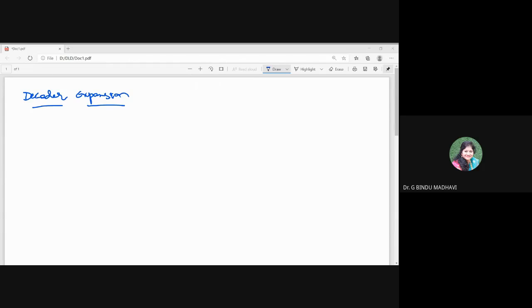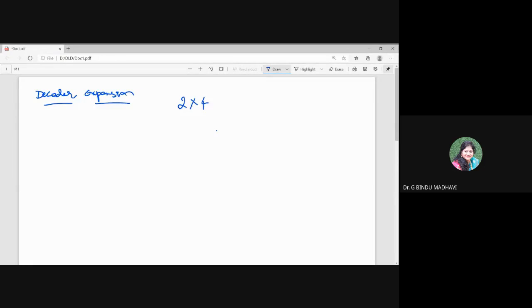Yes. So you can combine the 2 by 4 decoders to construct the 3 by 8 decoder, because in a 2 by 4 decoder, how many inputs are there? 2. And coming to the outputs, 4.